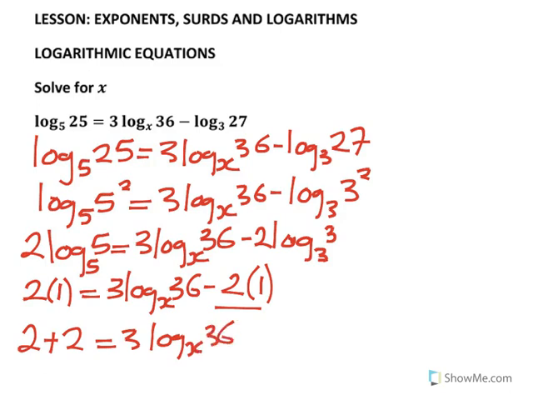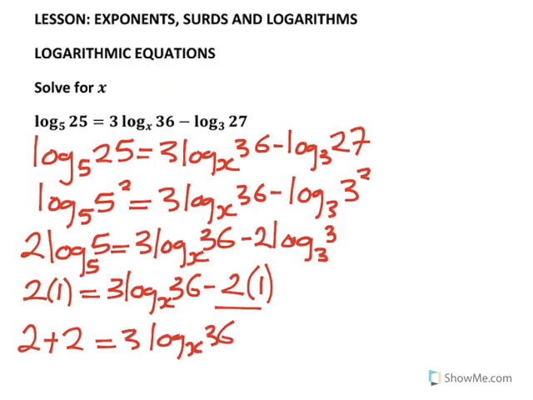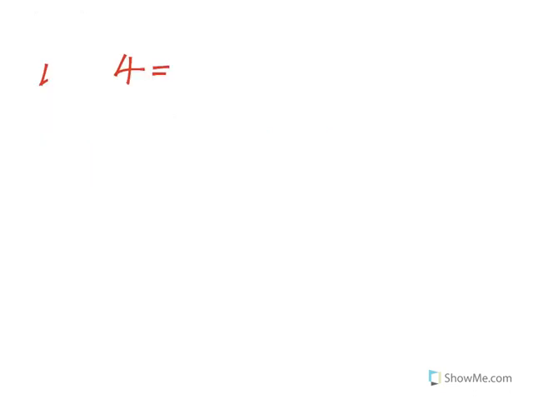If you continue on the next page, 2 plus 2, it's a 4. So you're going to have 4 is equal to 3 log x of 36.